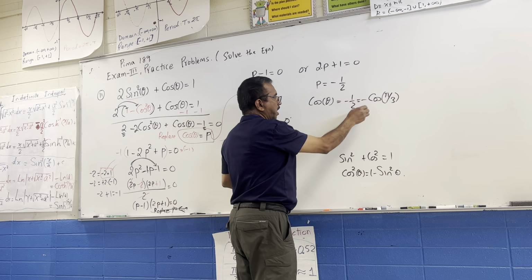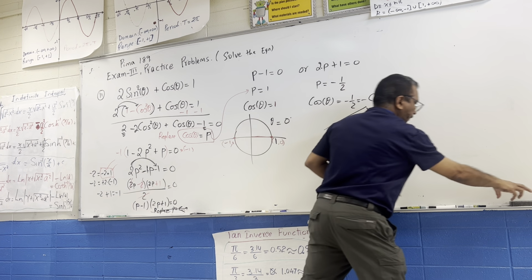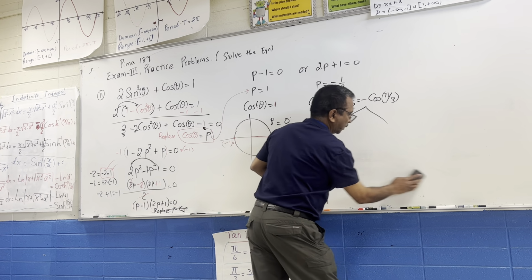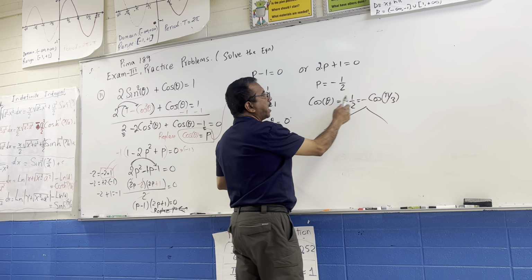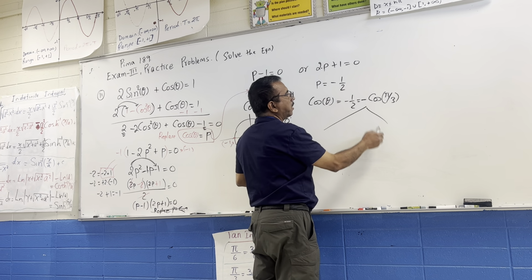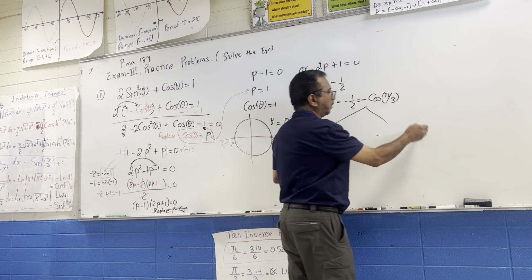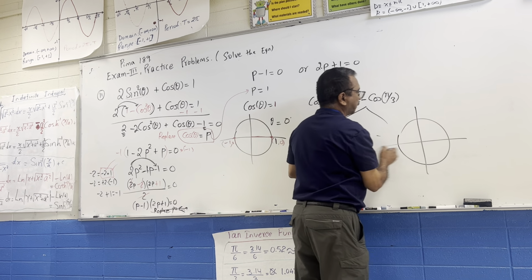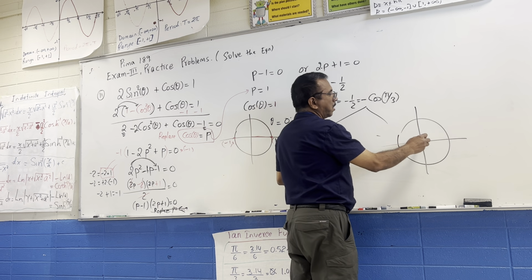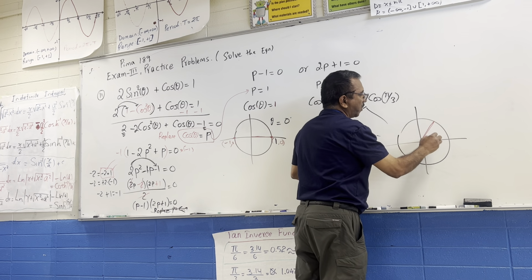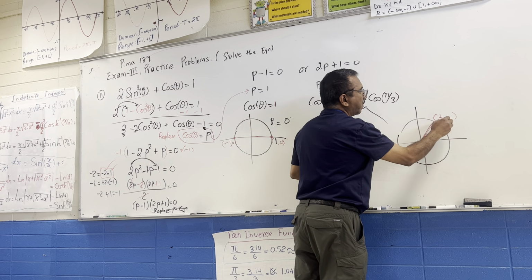Which gives two answers here. We can make another unit circle, because pi by 3, which is 60 degrees, has cosine a half.